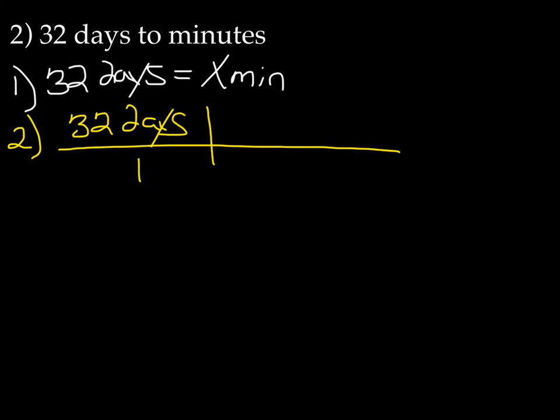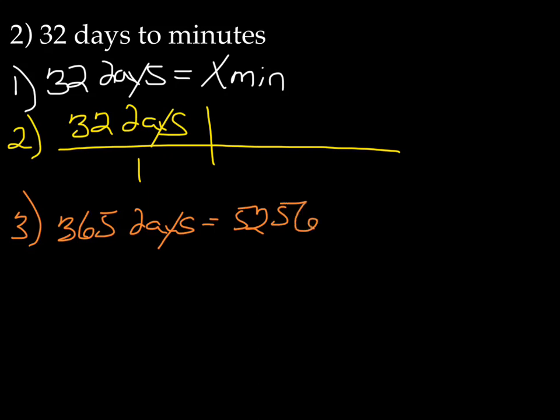Now I need to look at the unit conversion table, figure out which equality I'm going to use. Okay, and I picked to use 365 days equals 525600 minutes.